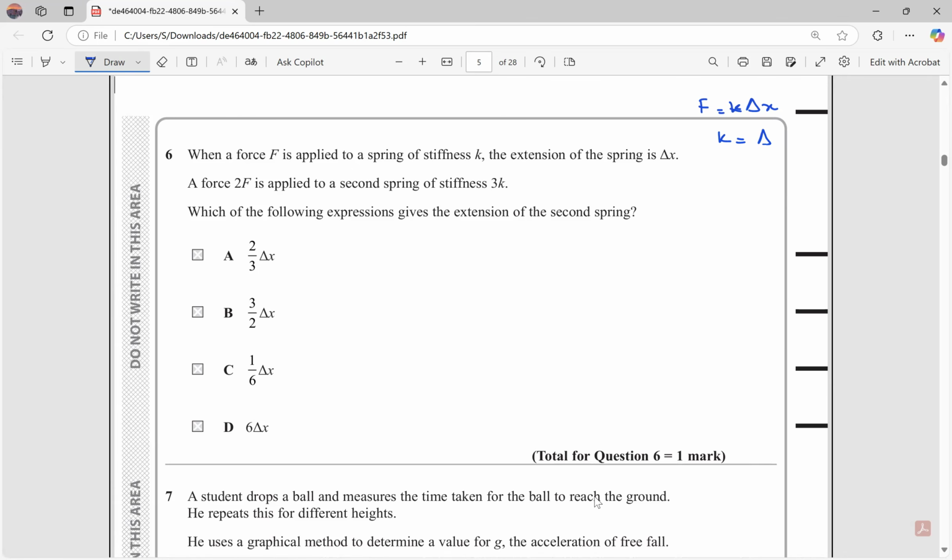So extension is force over spring constant. Now, a force 2F is applied to a second spring of stiffness 3K. Which of the following expressions give the extension of the second spring?